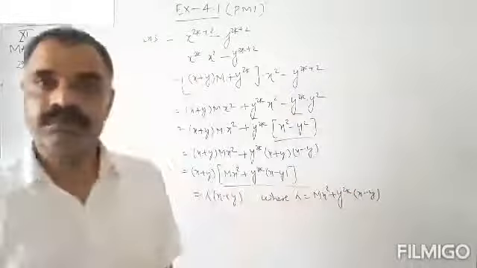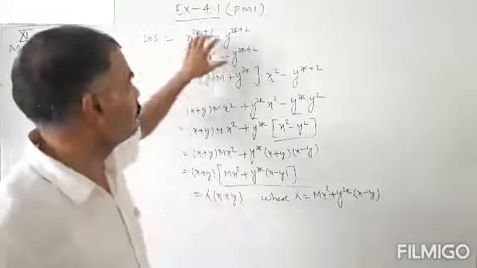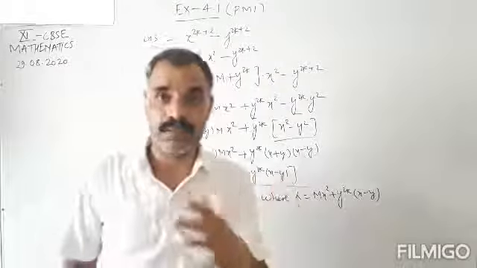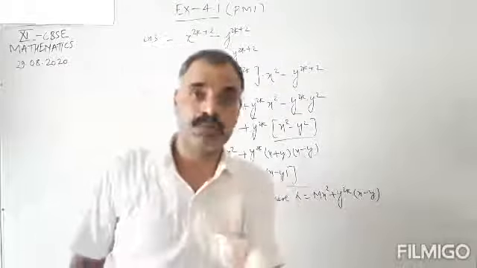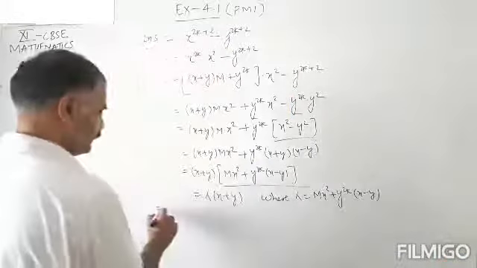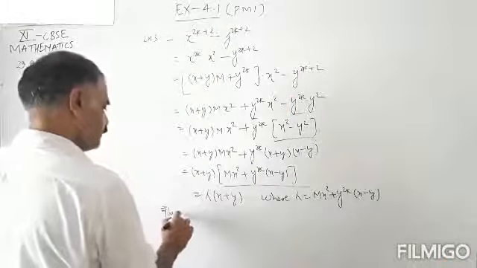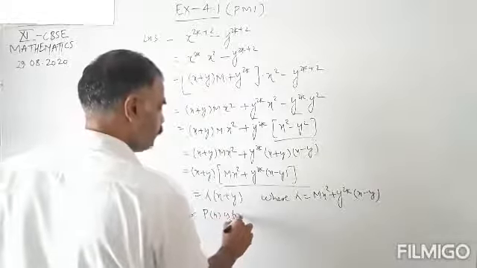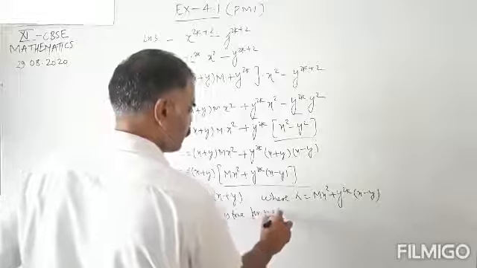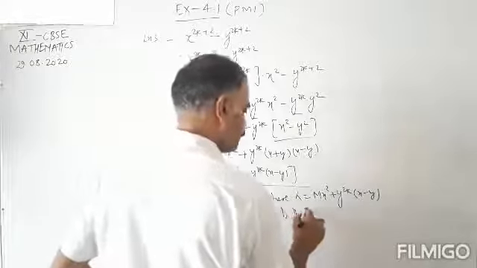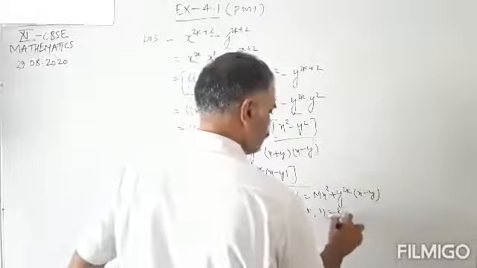So the left-hand side of the induction is a multiple of x plus y, divisible by x plus y. So what we wanted to prove is proved. Therefore, Pn is true for n equals 1, and n equals k implies n equals k plus 1.